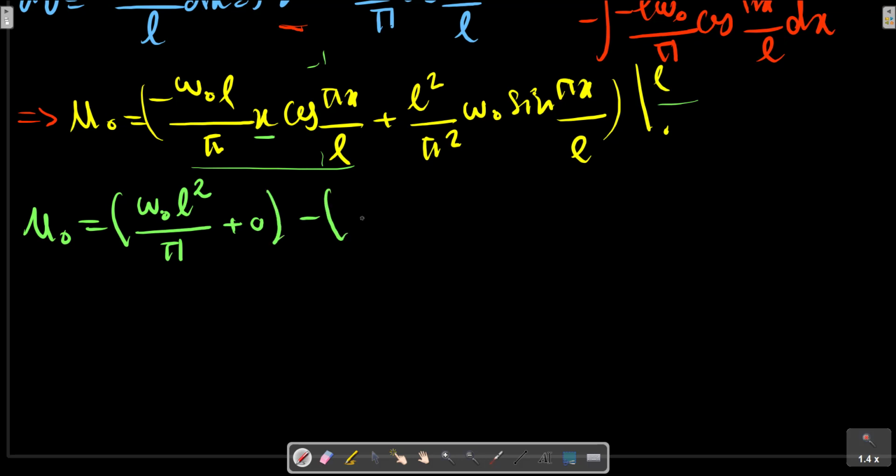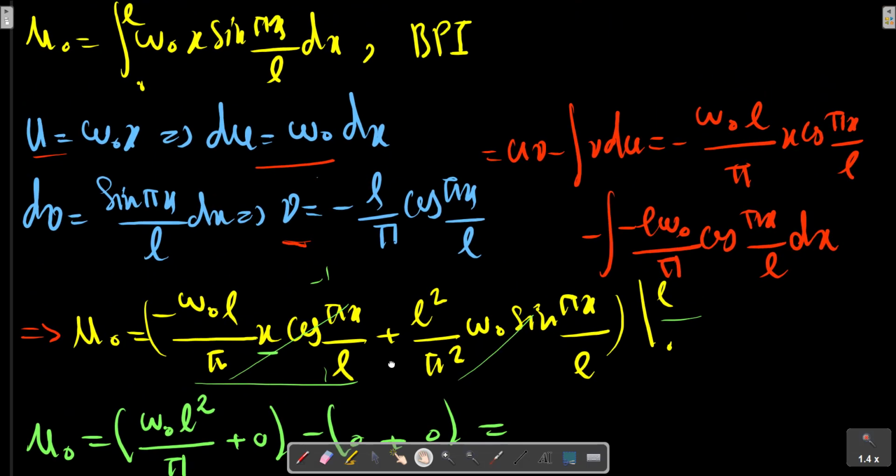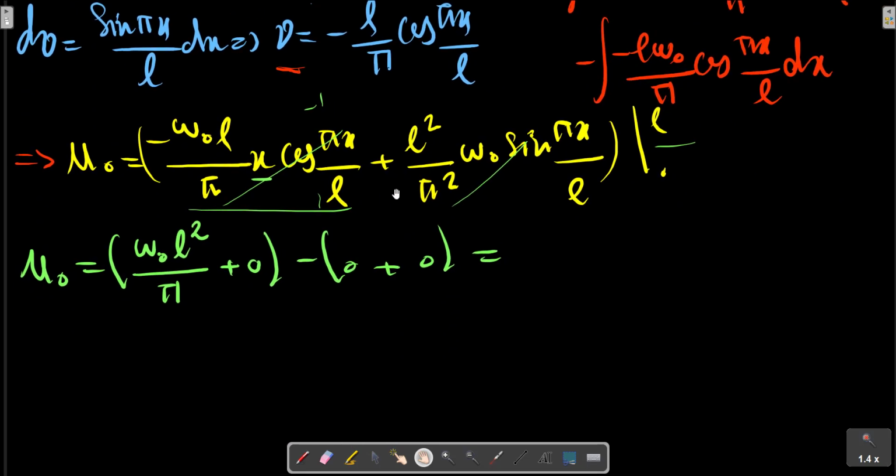For 0, this part is 0 and this part is also 0. M can be rewritten as this relation.